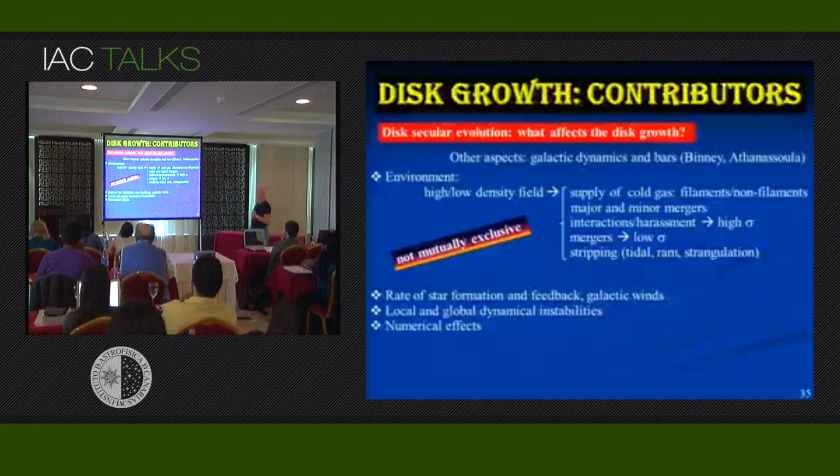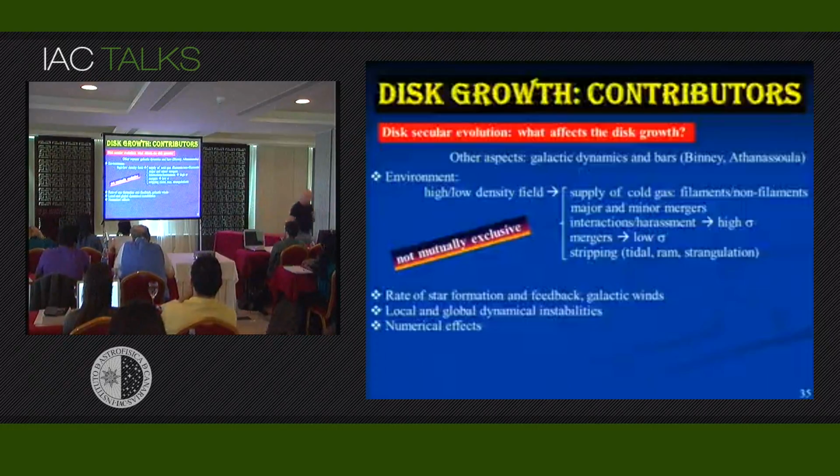In the cluster, we have high dispersion velocity, so we have what is called galactic harassment, interactions, but few mergers. In the field, we have low dispersion velocities, and so we have little harassment, but a lot of mergers. And then there are other things like tidal interactions, ram pressure ablation, strangulation, and so on.